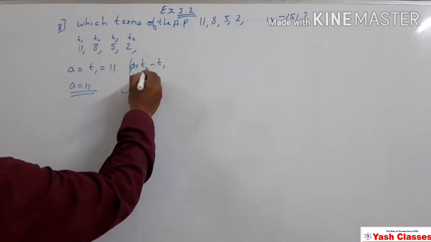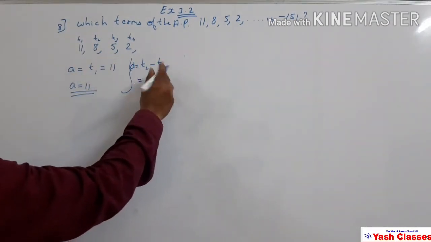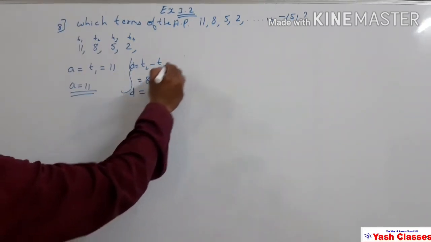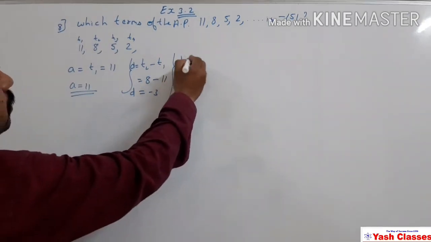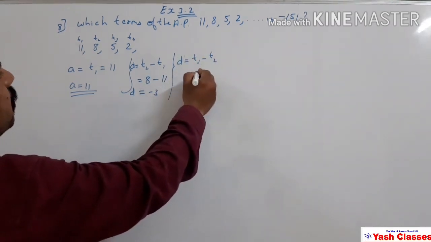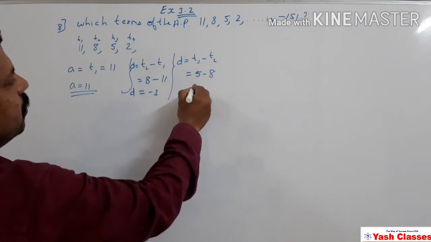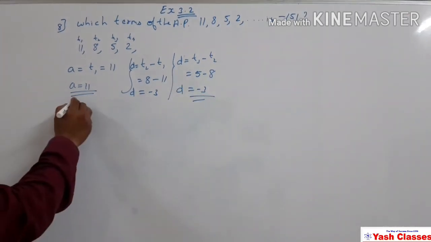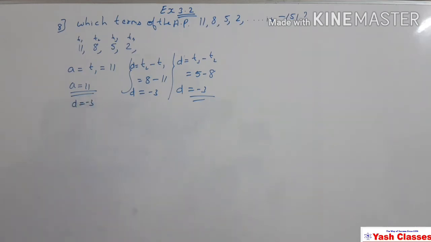This is your formula. T2 is 8 minus 11, that is minus 3. Check with T3 minus T2: 5 minus 8 is minus 3. So here D is equal to minus 3.